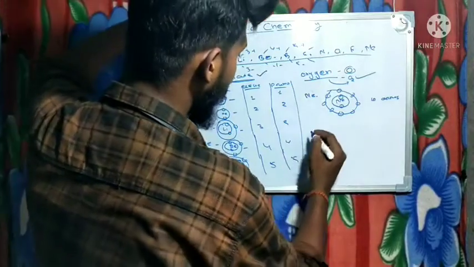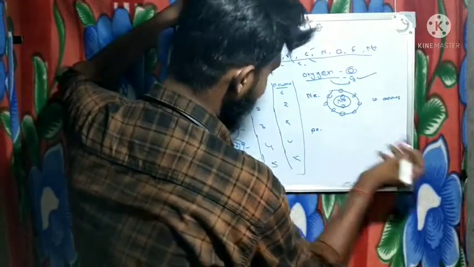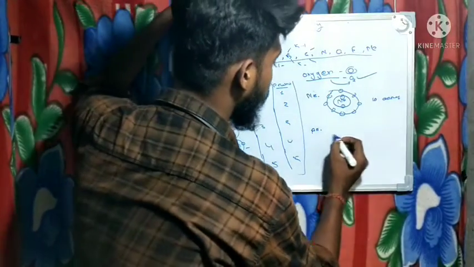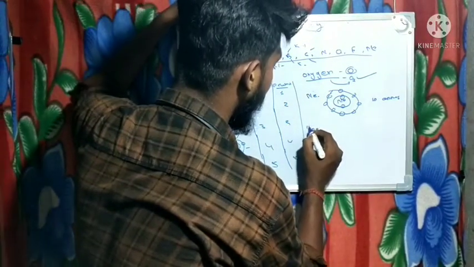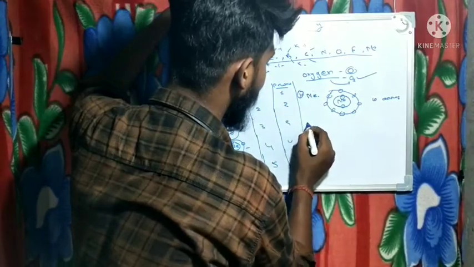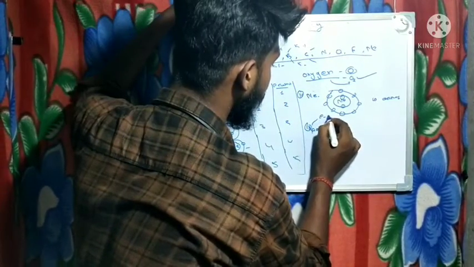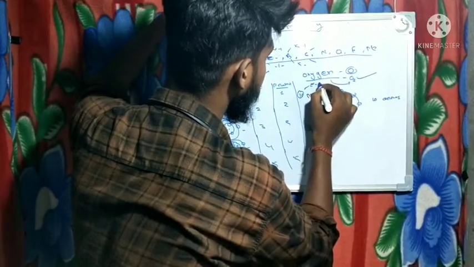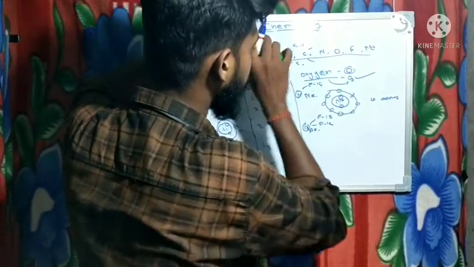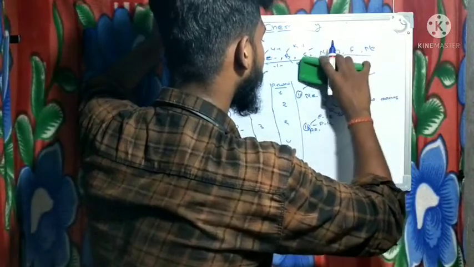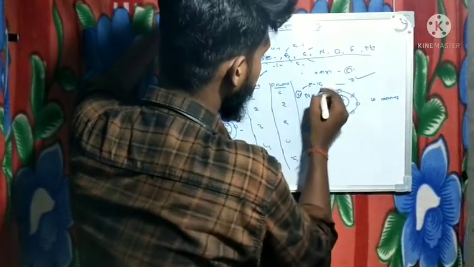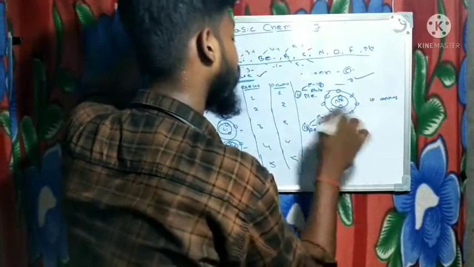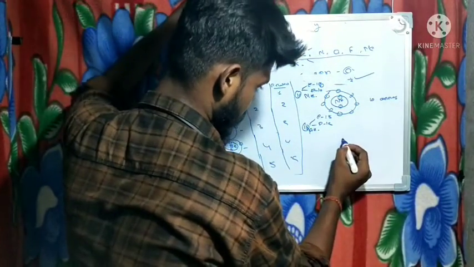After that, we have to go to argon. As per our periodic table, the atomic number of argon is 18. As it is 18, electrons should be 18 and protons should be 18. Then how can we arrange argon? See here.